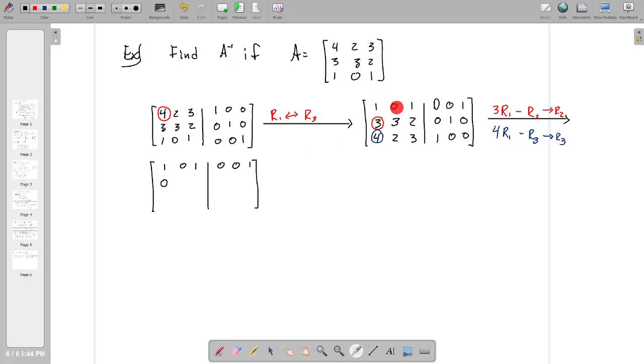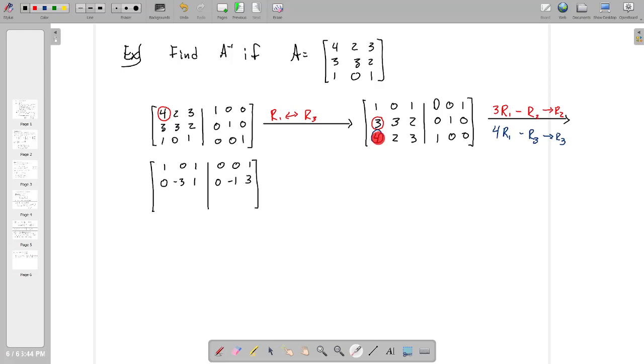Okay, 3 times 0 minus 3. 3 times 0 is 0. 0 minus 3 is negative 3. 3 times 1 is 3. 3 minus 2 is 1. 3 times 0 is 0. 0 minus 0 is 0. 3 times 0 is 0. 0 minus 1 is negative 1. And 3 times 1 is 3. 3 minus 0 is 3.